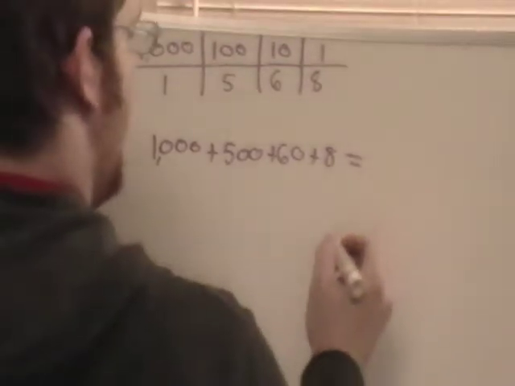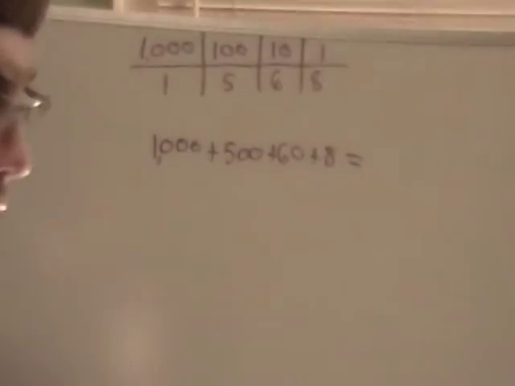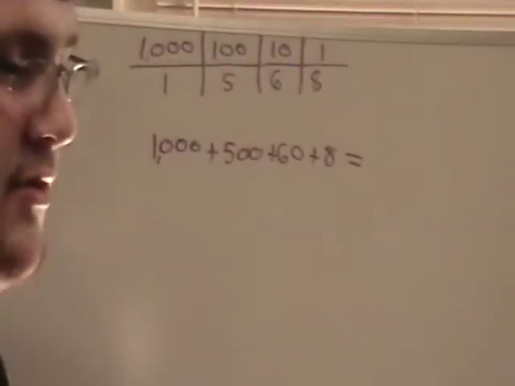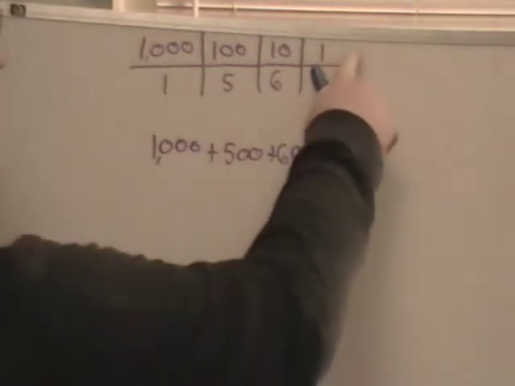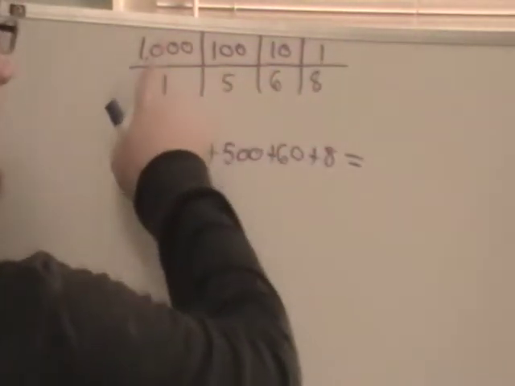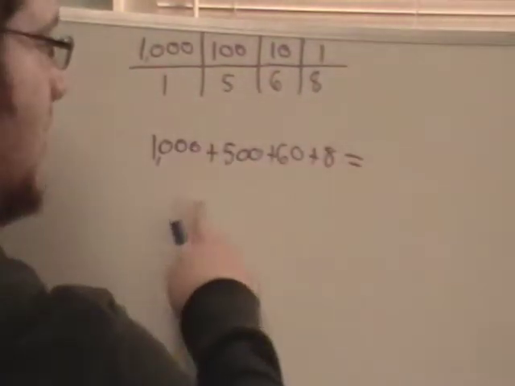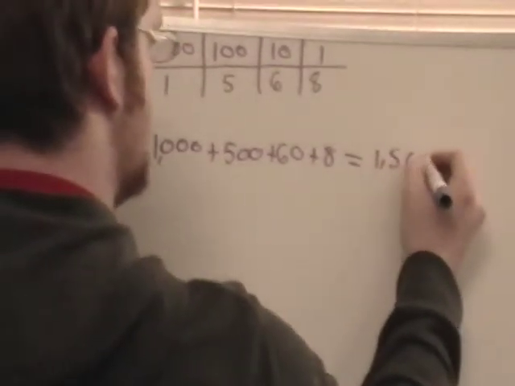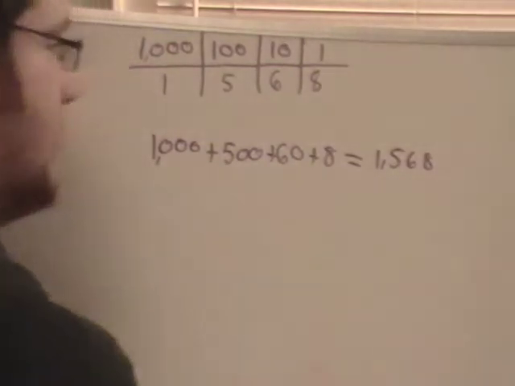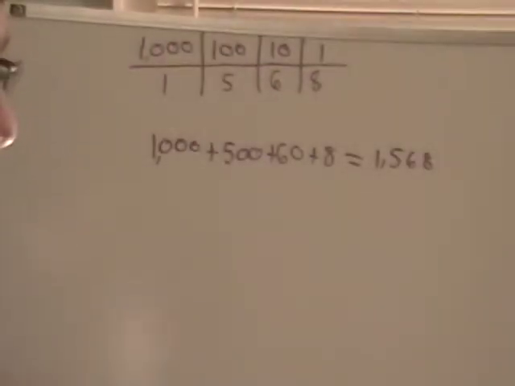If we didn't know how to write numbers in the decimal system like we do now, we could know the place values, write the number out, and convert it like this. And this is the same number, 1,568.